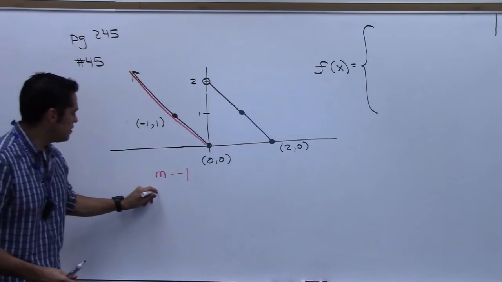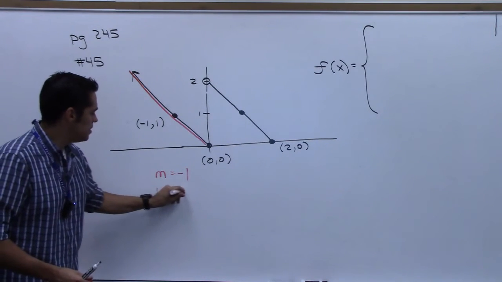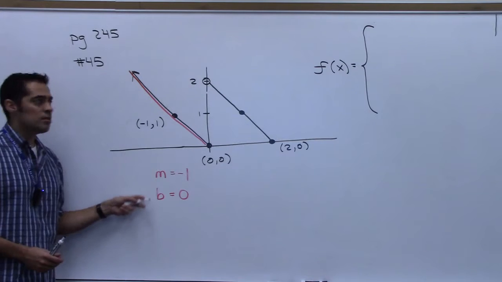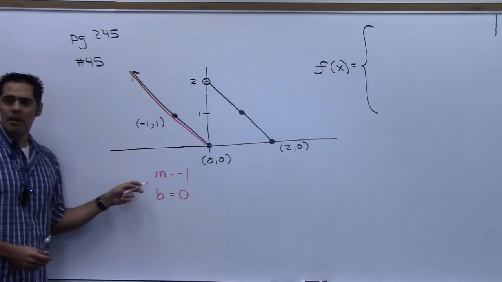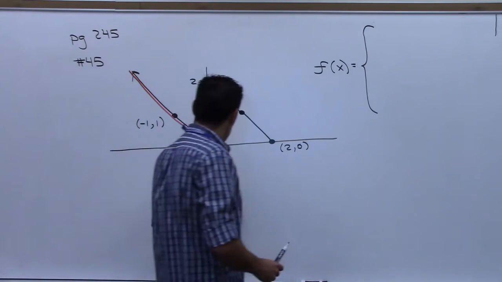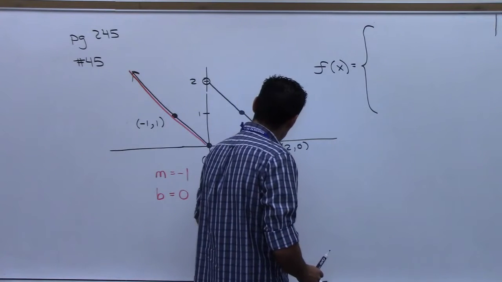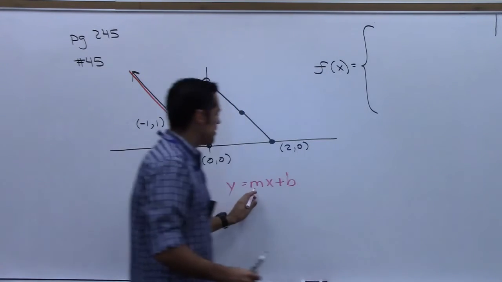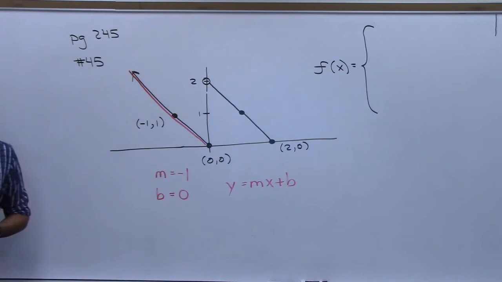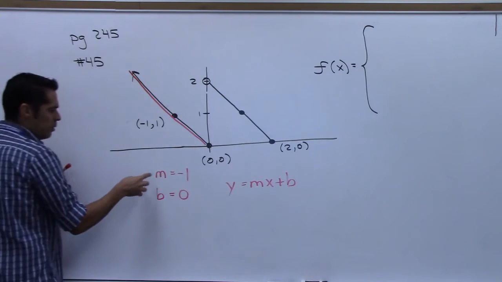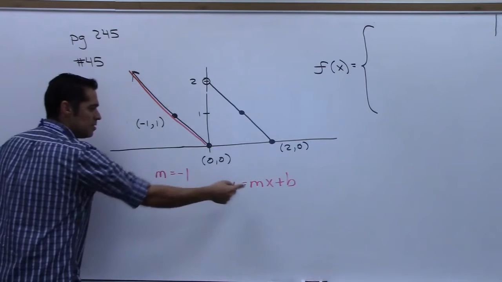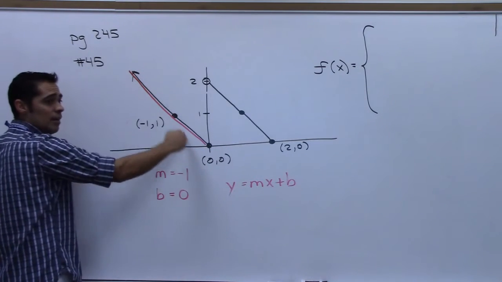At 0, so it has a y-intercept of 0. Now remember, when you're talking about lines, one form of an equation of a line is y equals mx plus b, where m is the slope and b is the y-intercept, right? Y'all follow? So if I plug in m is -1 and b is 0, that will draw this line, right?